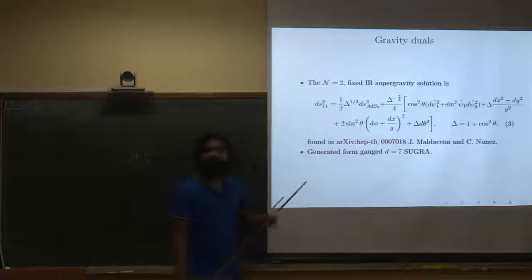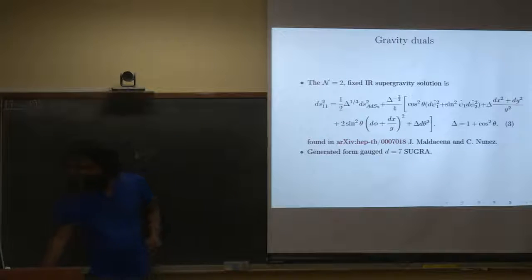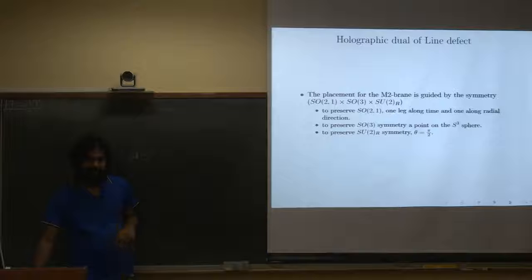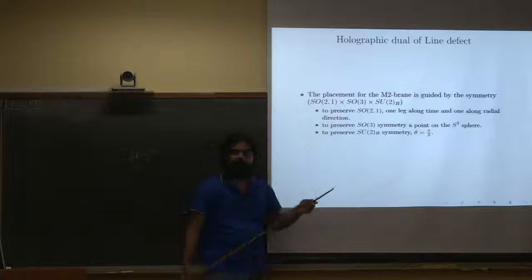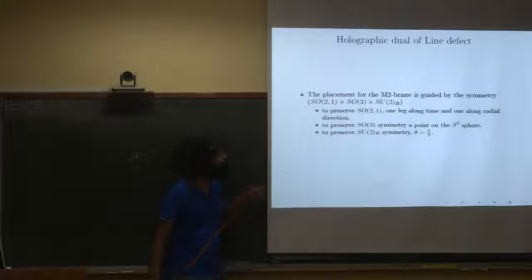Any more questions? Is this just the F5 brane solution? No, M2 brane. So that's what we are going to do next. As we saw from the field theory side, intersecting branes like M2 and M5 branes give rise to this loop operator.